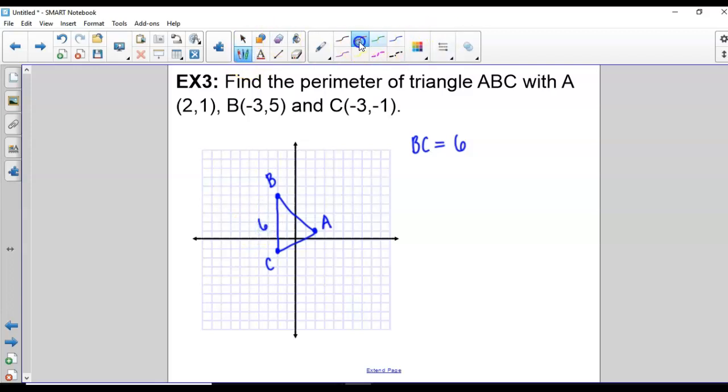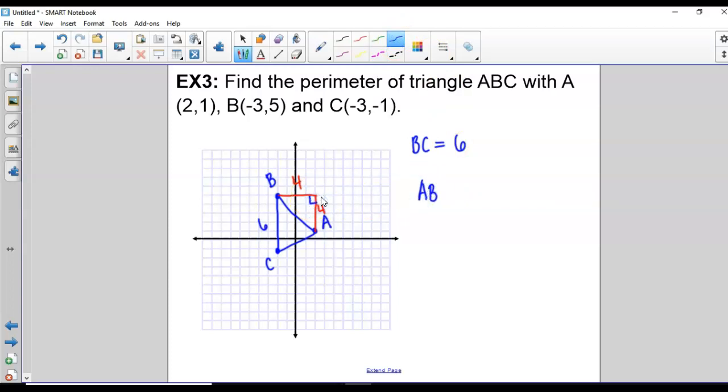So for AB, I'm going to make myself a triangle. And let's see, let's count 1, 2, 3, 4 for this side, and 1, 2, 3, 4 for this side. So for AB, those are both the legs.